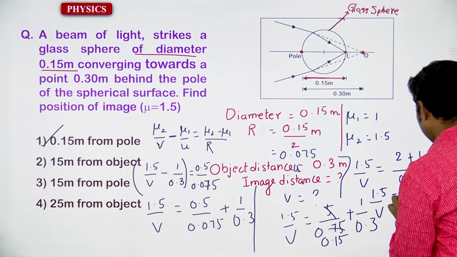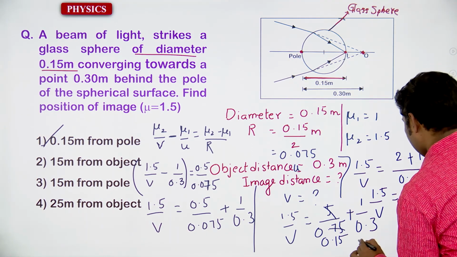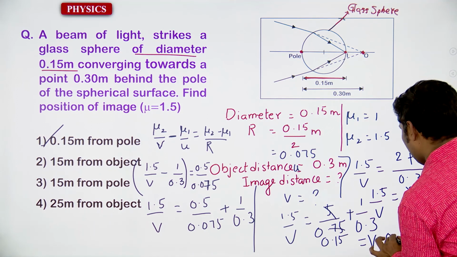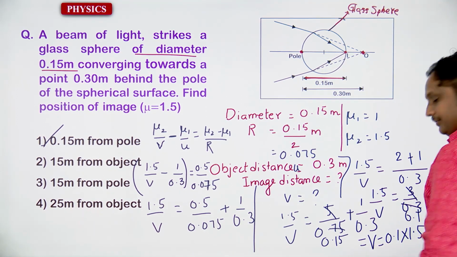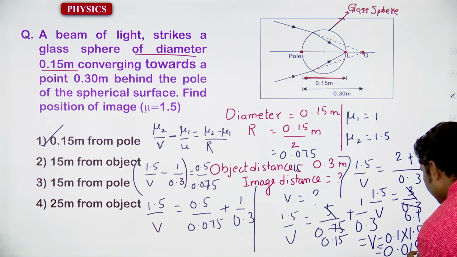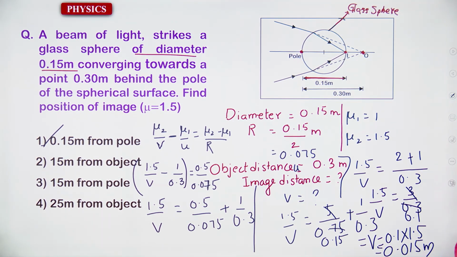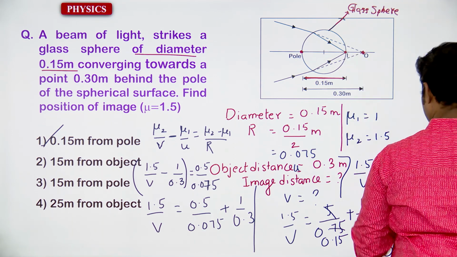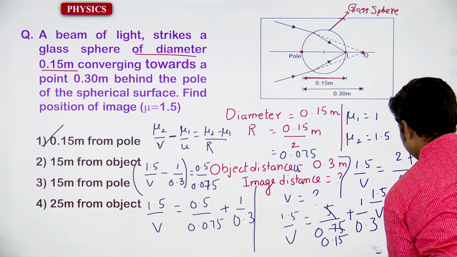Now solve this: 0.1. So v is equal to 0.1 into 1.5, that is 0.15 meter. It's very clear. In this way we will solve the problem.